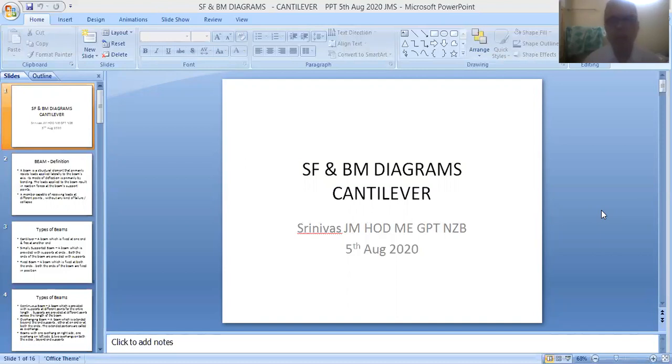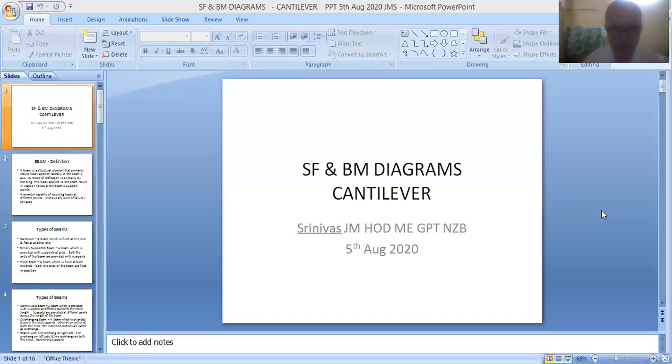And also, we can make a note of various types of beams and also various types of loads acting on beams. And finally, we have to note down some basic rules which are very, very essential for constructing SF and BM diagrams.